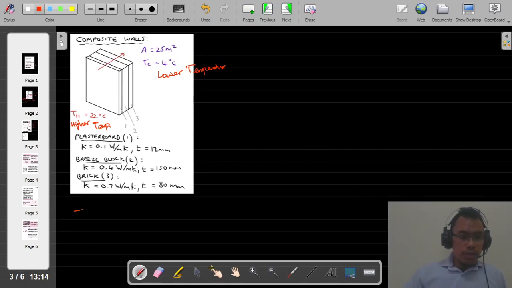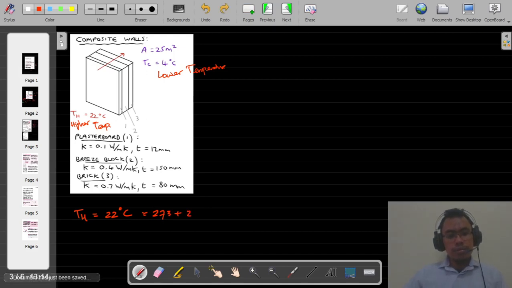Okay, so for the first one we have the higher T, which is 22 degrees Celsius, so we have to change it into Kelvin, so 273 plus 22, so we have 295 Kelvin.